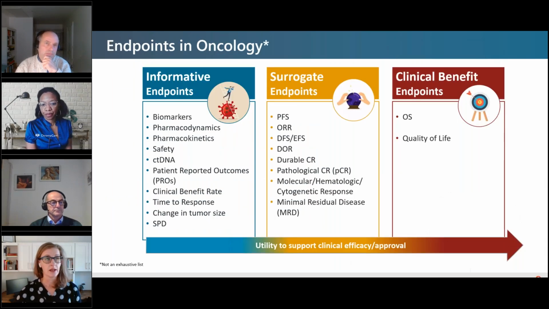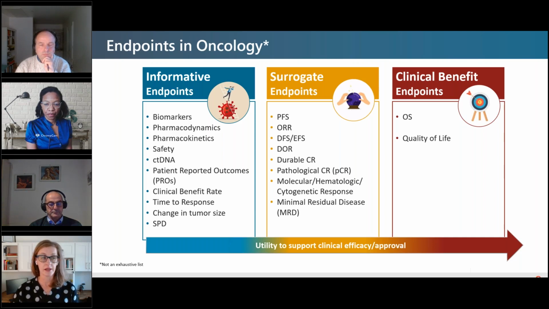The last bucket I'll talk about is informative endpoints, and this includes biomarkers, which do not relate directly to how a patient feels, functions, or survives, but are instead objectively measured indicators of a biological or pharmacological response to a treatment intervention.